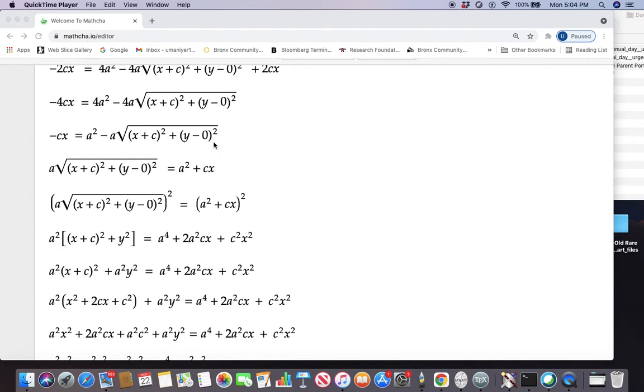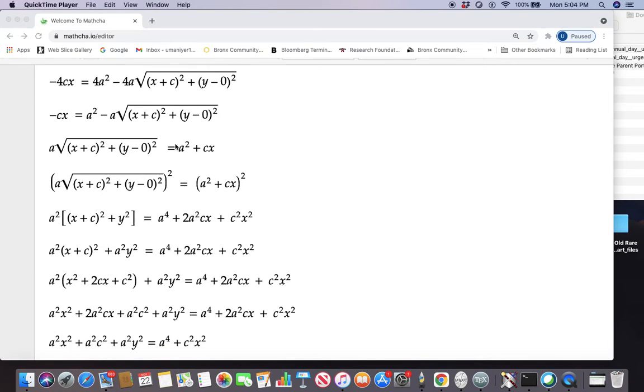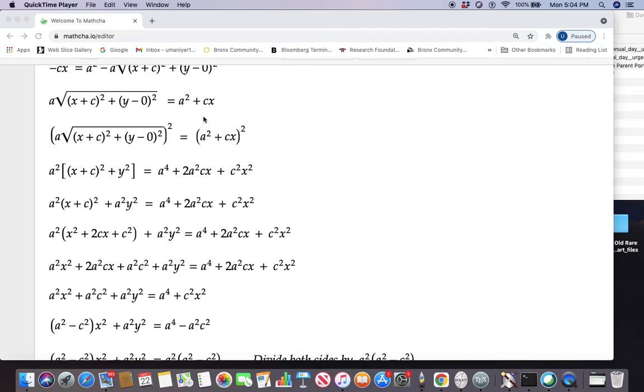Now move negative a radical to the left, move negative cx to the right, and this is the equation you have. Square both sides. The right-hand side is a complete square. On the left-hand side, you get a squared and the radical disappears.